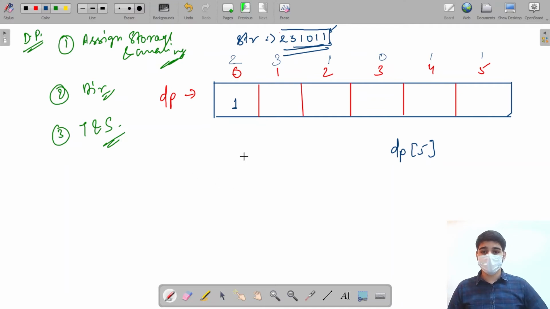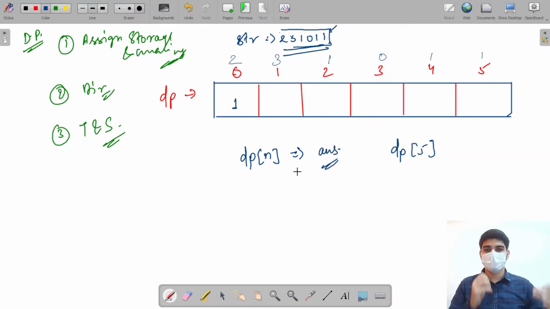So can I say that dp of n would be nothing but my answer itself? It contains the number of encodings possible with the string till position n, given that the size of my string is n. So for the entire string, the count of all possible encodings would be present in the last position in my dp. So dp of n would be my answer. This is the second observation that we made.